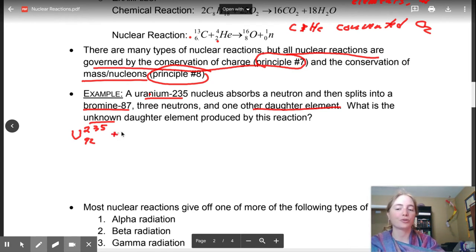And it absorbs a neutron. Now, for the symbols for your subatomic particles, they are... Where'd it go? That's weird. They didn't give them to you. Strange. I didn't put them on there.